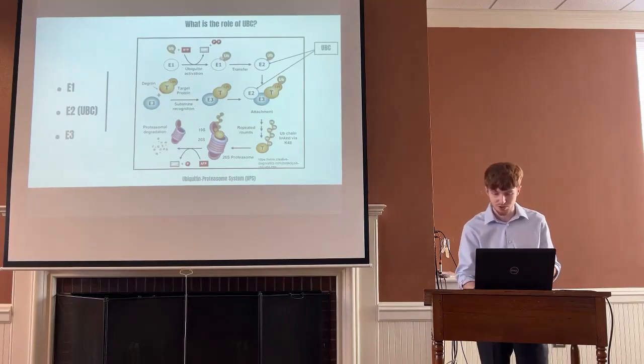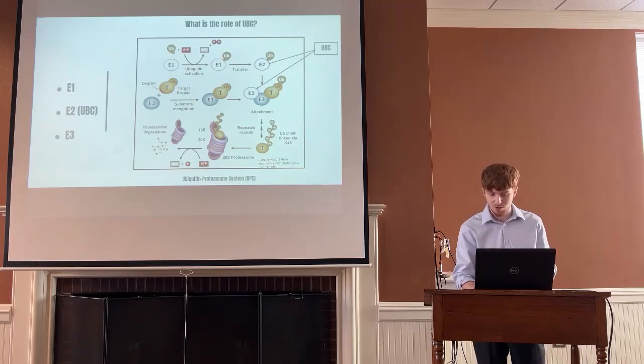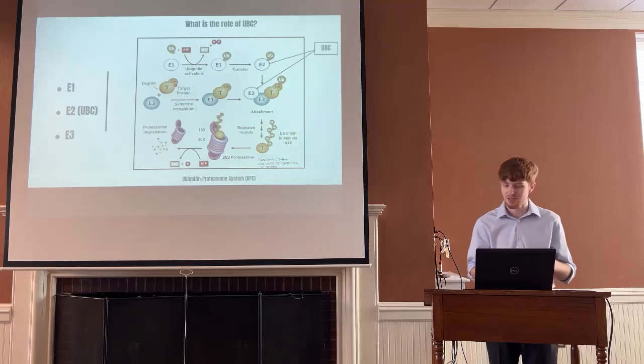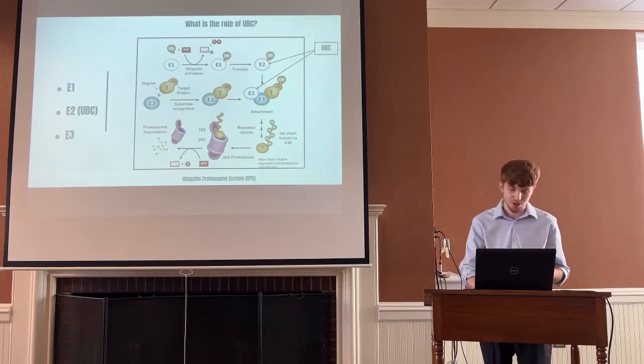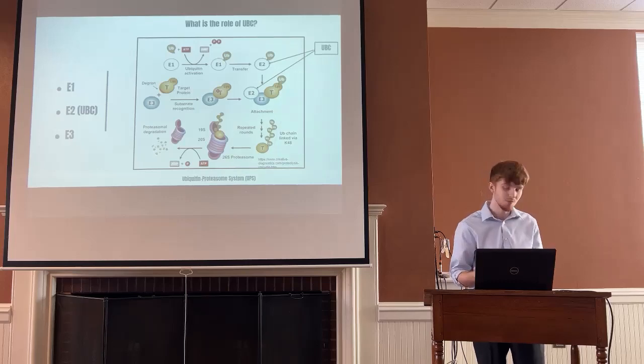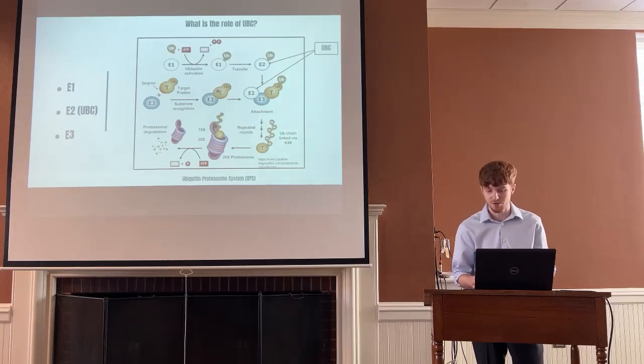So first, this picture shows the ubiquitin proteasome system. First you have E1s. Those are enzymes that activate a small protein called ubiquitin to get it ready, as you can see here. And then you have E2s, which take the activated ubiquitin and carry it to the E3.